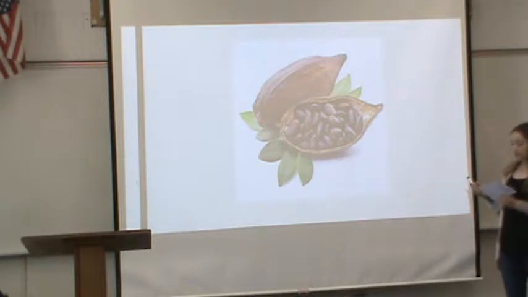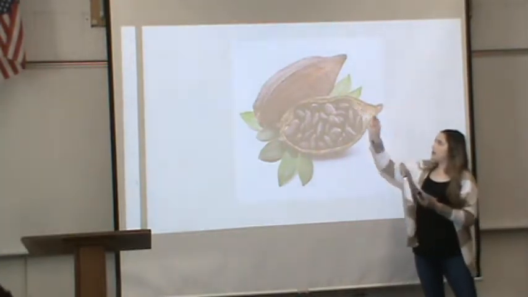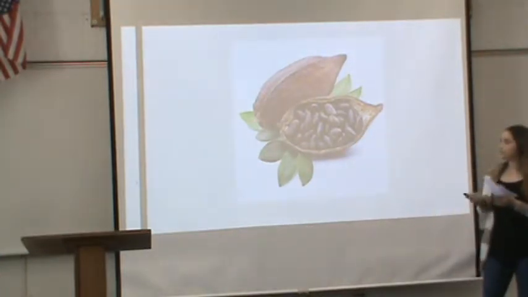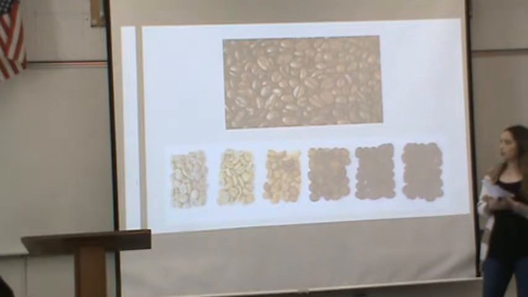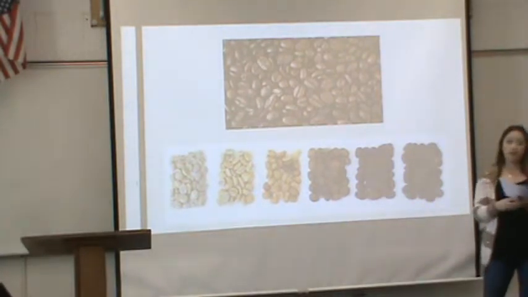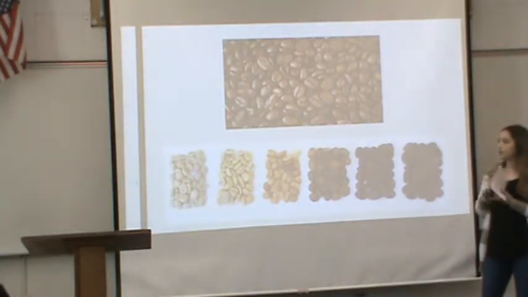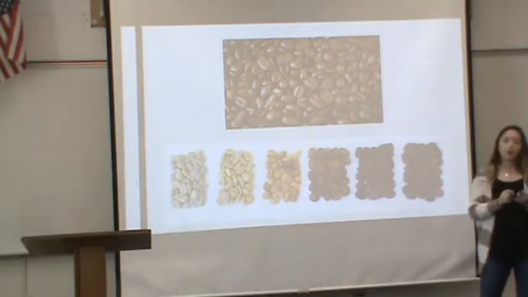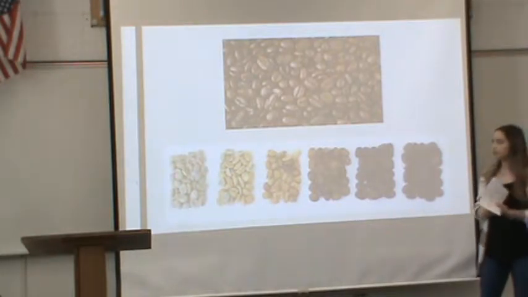And then right here, these are the cocoa beans. So this is what the nut looks like, and then inside are all the little cocoa beans. And then right here we have just the regular coffee beans. There are 3 different types of coffee roast: blonde, medium, and dark roast. Blonde being the strongest, dark being the lightest.